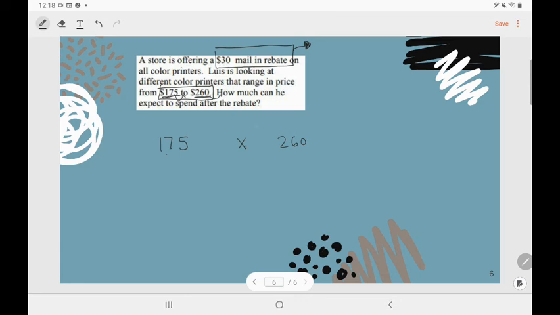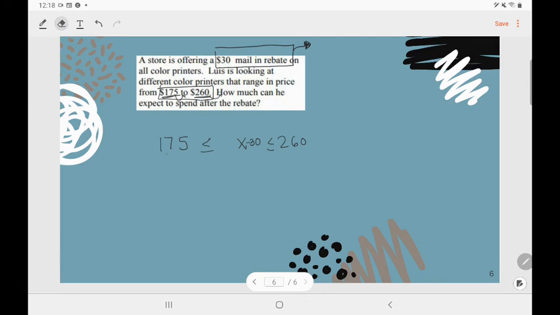They have this $30 mail-in rebate, so I'm going to subtract 30, because it's like a $30 coupon, from x, because that's how much I'm actually going to expect that I'm going to spend. That value needs to be less than or equal to $260 to end with, and greater than or equal to 175.